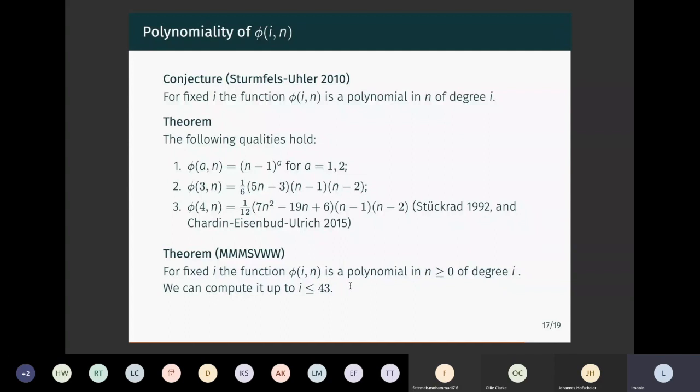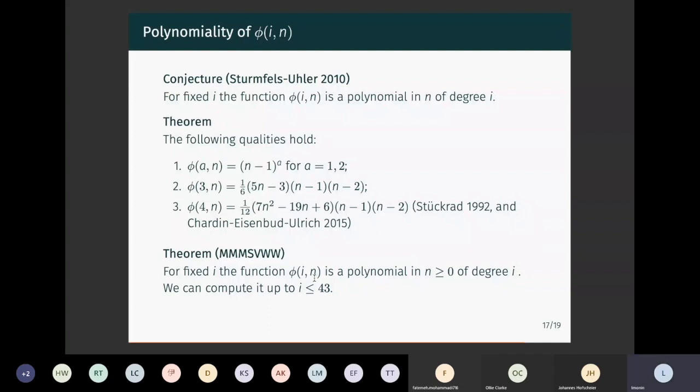But what is kind of funny is that the number phi_in doesn't make sense if n is small, because i should be less than the dimension of the space of symmetric n by n matrices. So if we fix i and start with n smaller than some bound, which is easy to compute, these numbers don't really make sense.